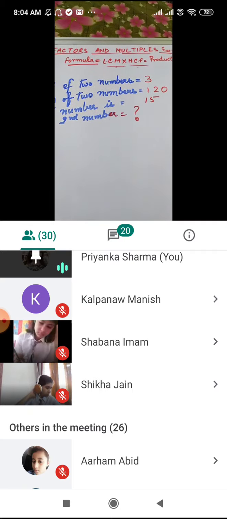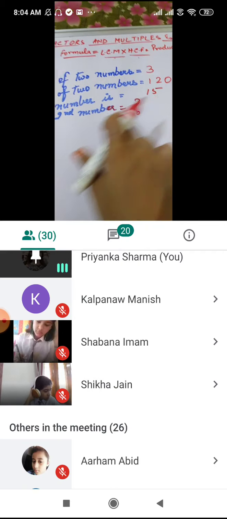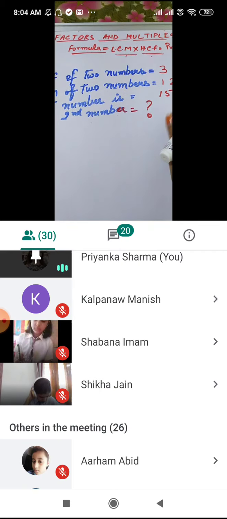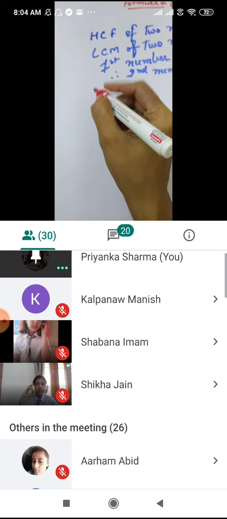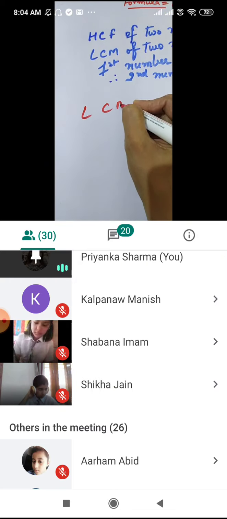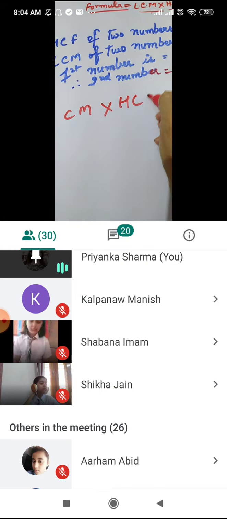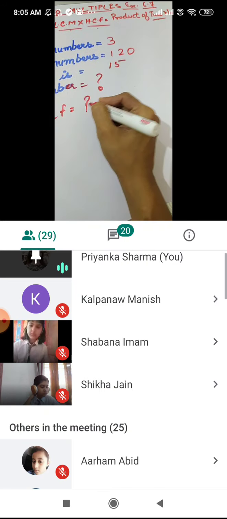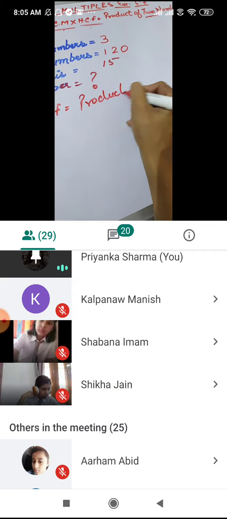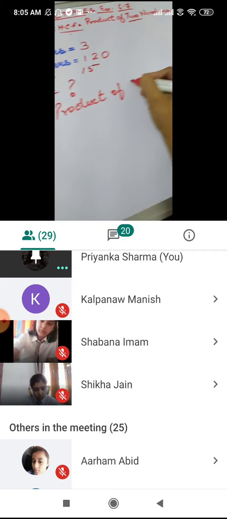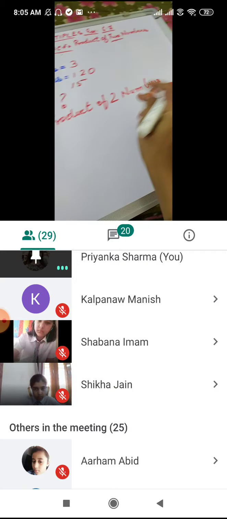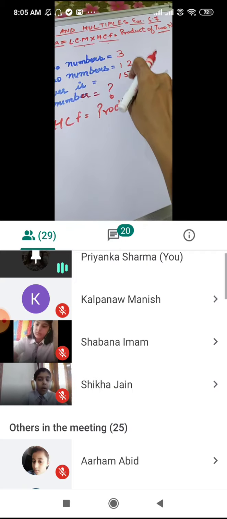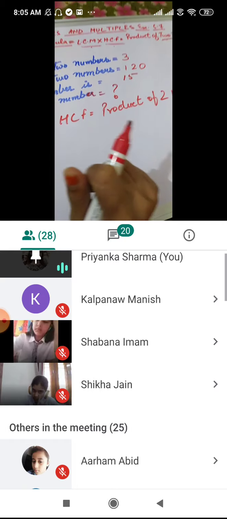First write the details which are given to you, and whatever you have to find out, put a question mark in front of it. Then you have to write the formula. Formula is LCM into HCF is equal to product of two numbers, and out of these two numbers one number is already given to you and you have to find out the second number.